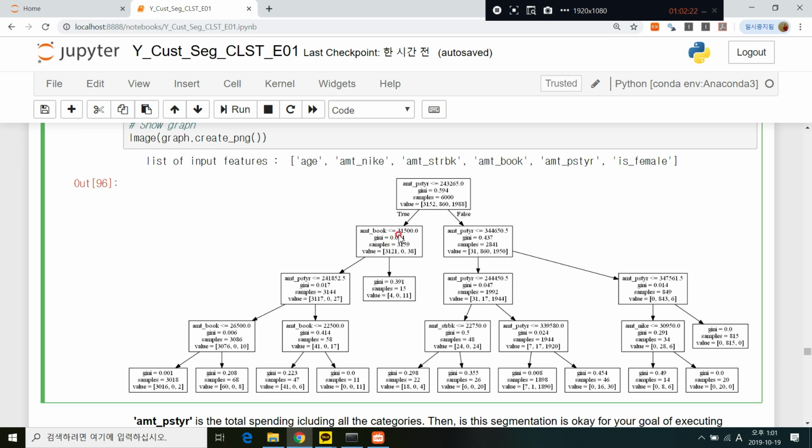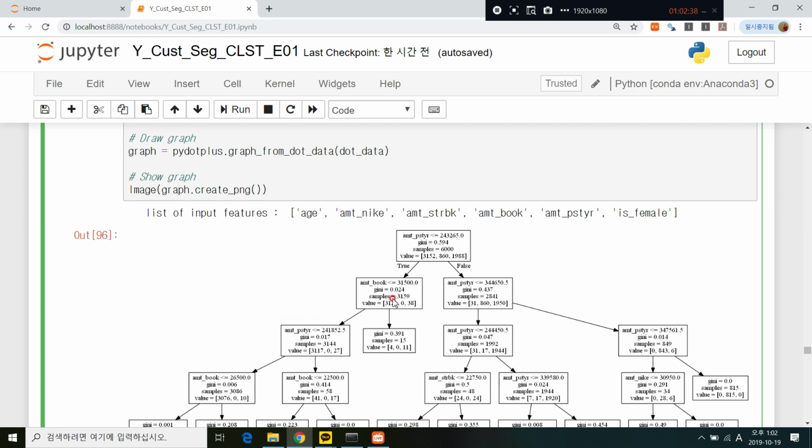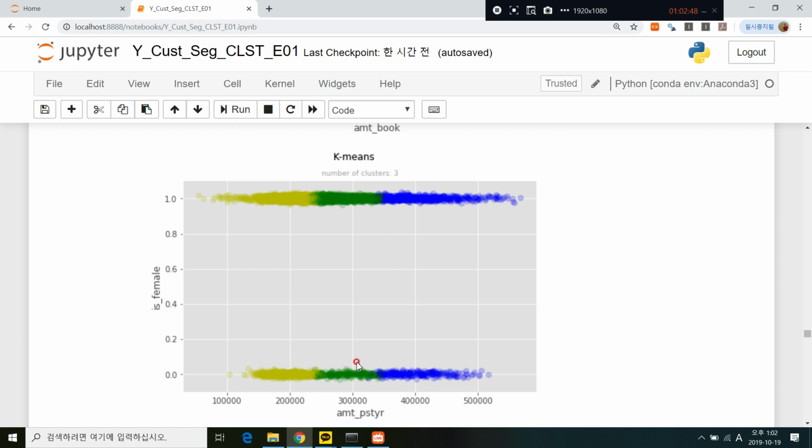The first cluster is about 30,000. Maybe it is cluster number 2. This is cluster number 2, okay? And this is probably cluster number 0. Number 2, number 1, number 1, number 0, number 2, right?